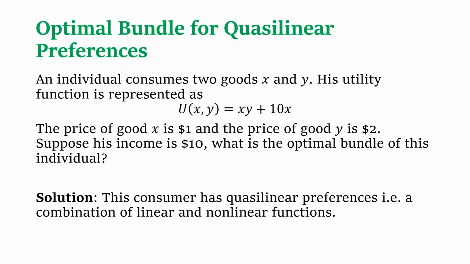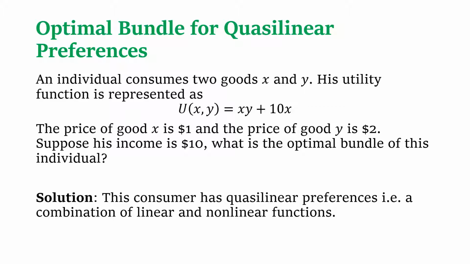Likewise, if you have a utility function which says u of x,y equals x squared y plus 3x or 10x, then that function again is quasi-linear, because one part is non-linear and the other part is linear.